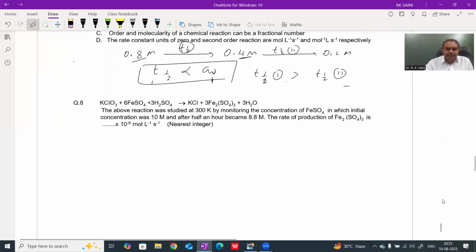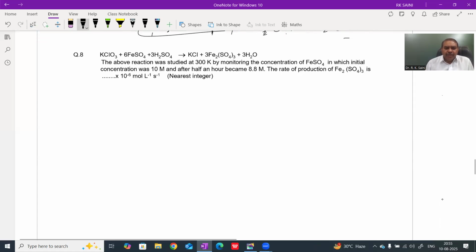Given the equation, if the above reaction was studied at 300 Kelvin, monitoring the concentration of ferrous sulfate, whose initial concentration is 10 M and becomes 8.8 M after half an hour, the rate of production of ferric sulfate is asked.